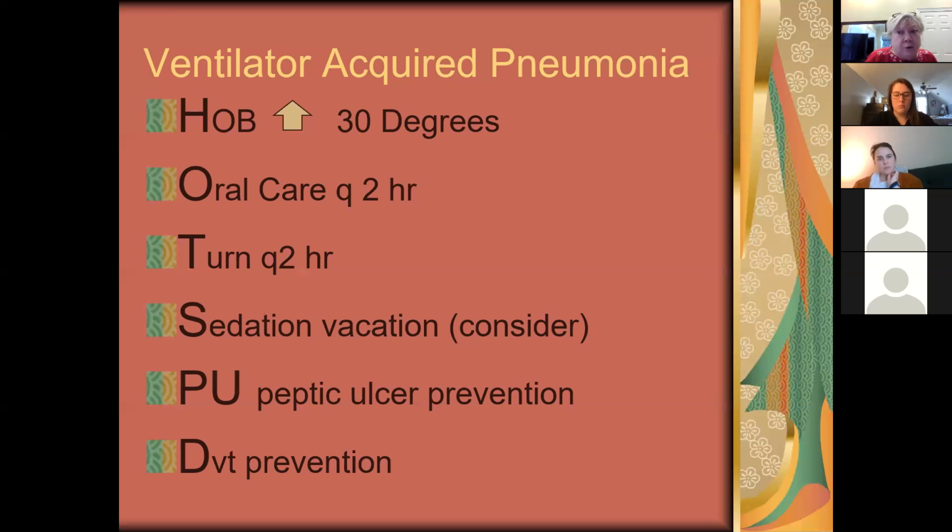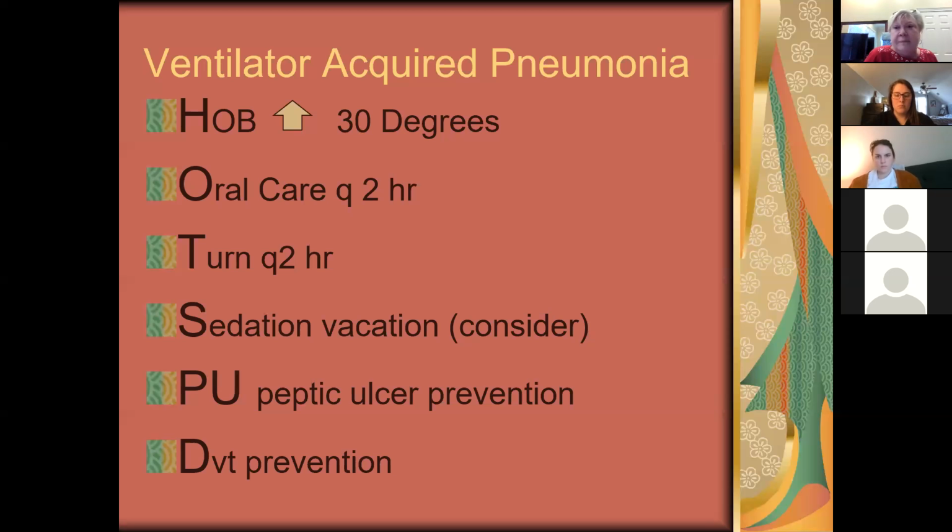Turn them every 2 hours to keep the secretions mobilized. Consider a sedation vacation. Could we lighten them up? Could we maybe get them off the paralytics? Could we lighten up their sedation? That will get them moving more. That will get them over-breathing the ventilator, so they don't have a consistent ventilator breath but take deeper breaths at times.